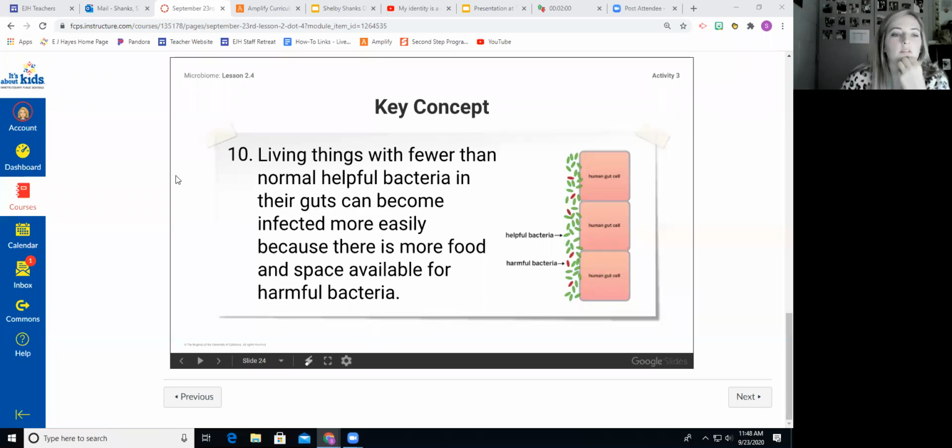Okay, once you get done putting this key concept in, you can go ahead and go back into Amplify on tab 4. It's going to say applying new understanding to patient 23. Yes, you can hand in tab 3.